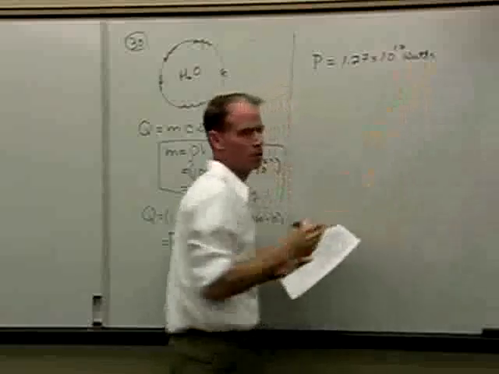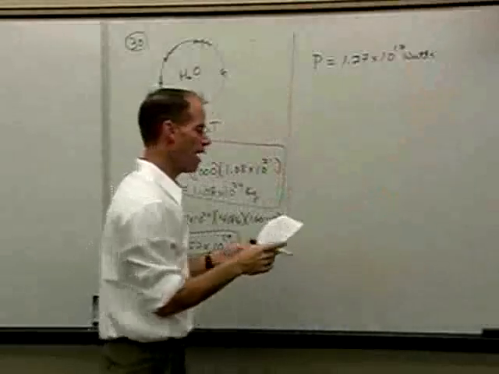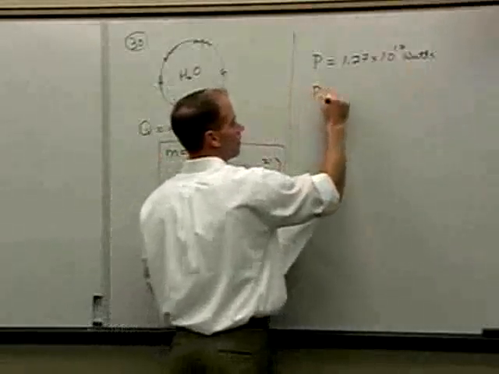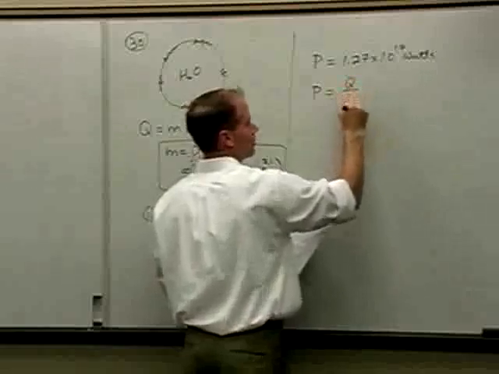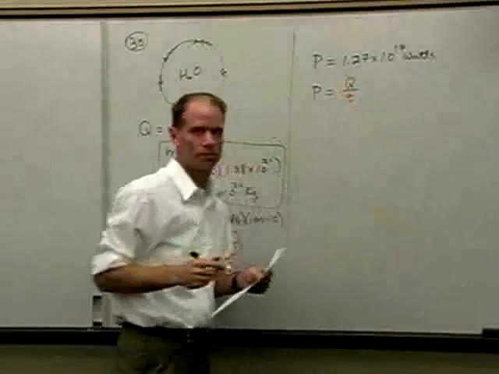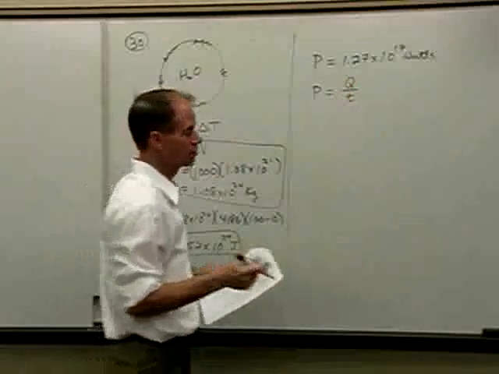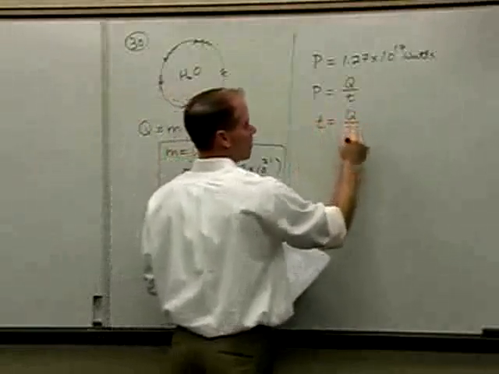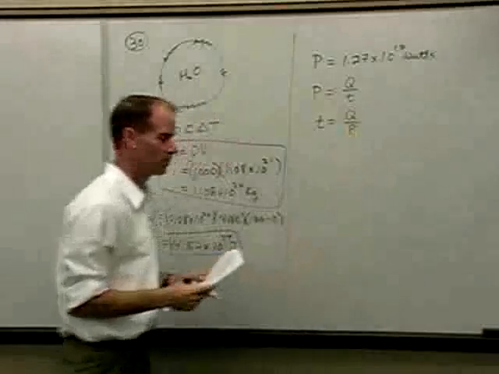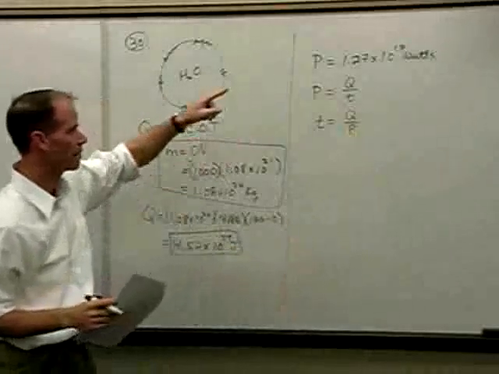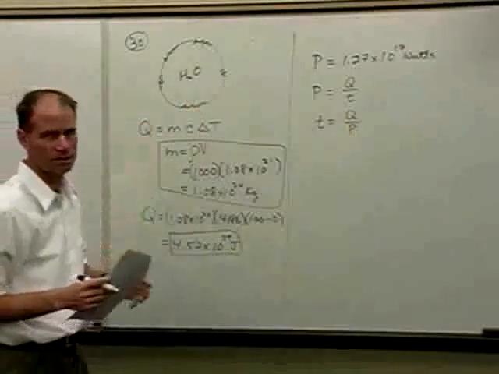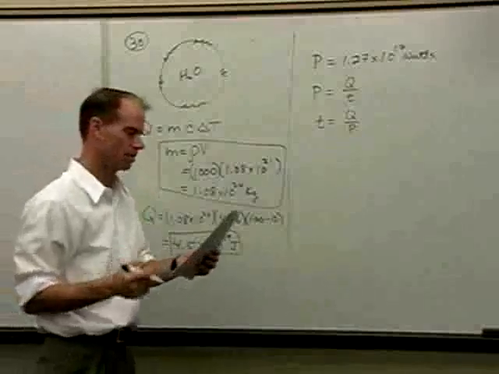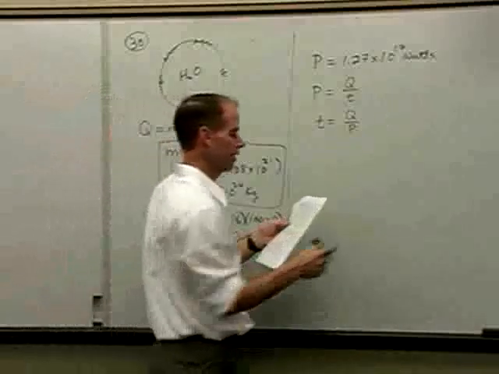A watt is a joule per second. And power itself is energy per time. So, if we want time, that would be energy divided by power. So we would take this energy, divide by that power, and that would tell us how much time it would take to create this heating.